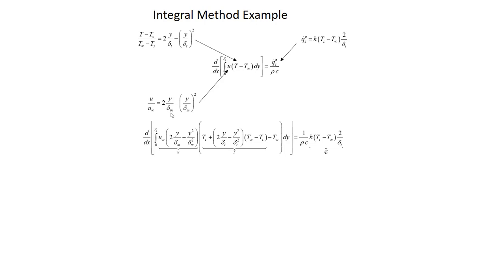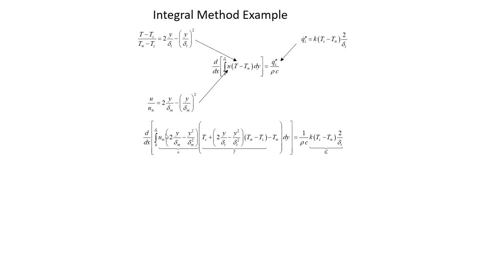After I get beyond the momentum boundary layer thickness, my U is no longer changing, it's U infinity, right? So this integral, as I've set it up right here, is only going to be valid for the case where the momentum boundary layer thickness is larger than the thermal boundary layer thickness, right? So all the time that I'm inside the thermal boundary layer doing this integral, this needs to be the right velocity distribution.